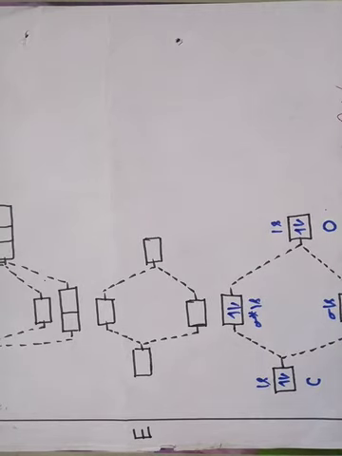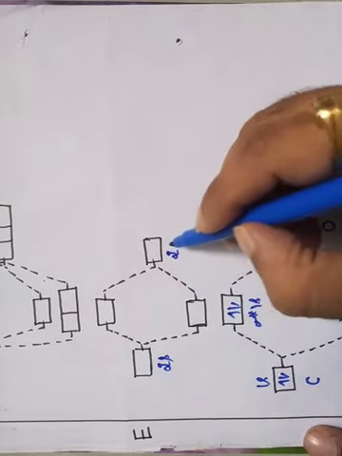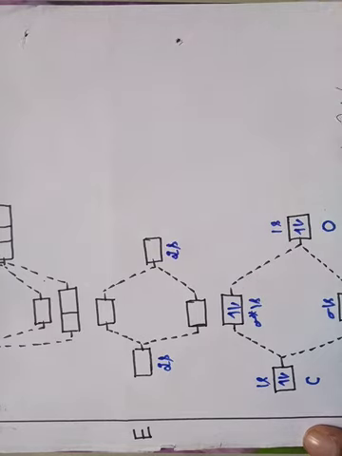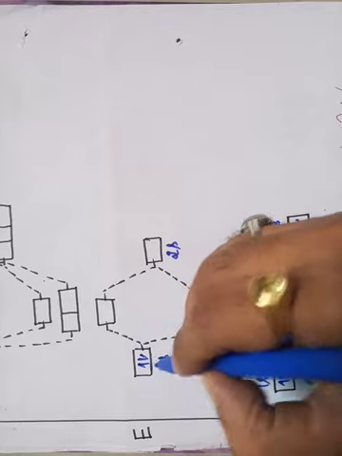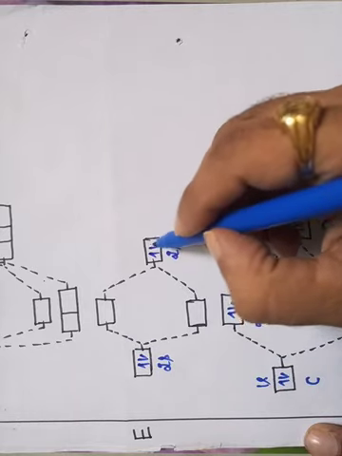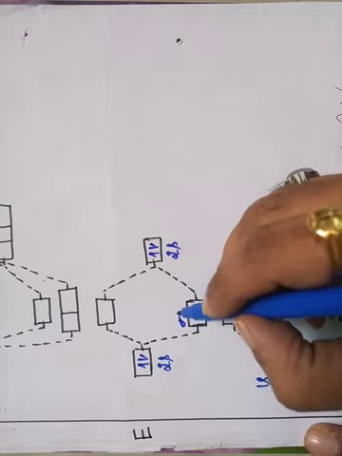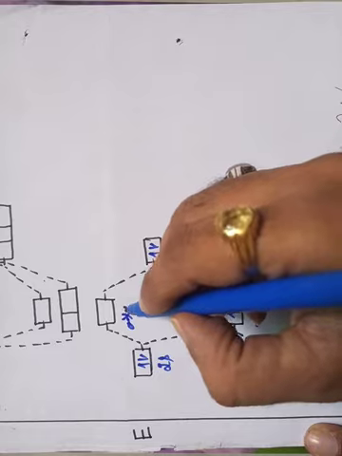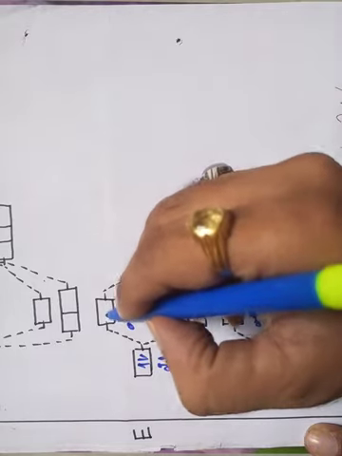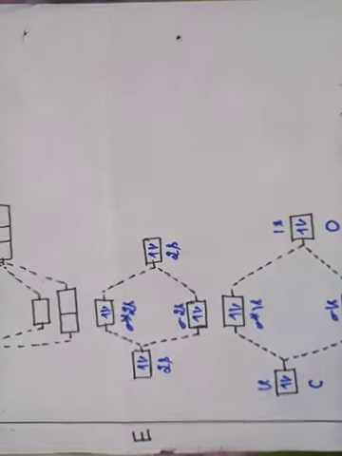Next the 2s atomic orbitals of carbon and oxygen also contain 2 electrons each. So 2 electrons will occupy sigma 2s and 2 electrons will occupy sigma star 2s.